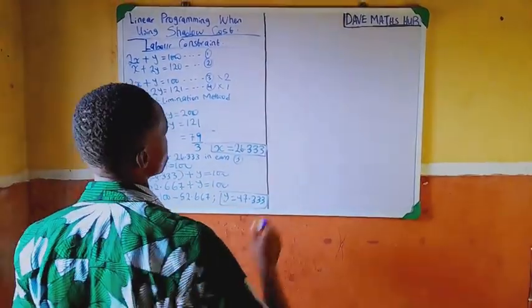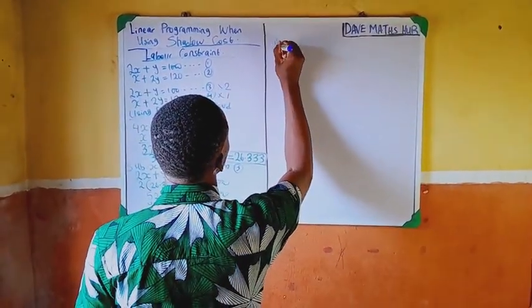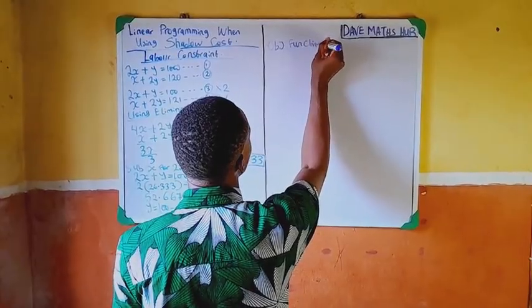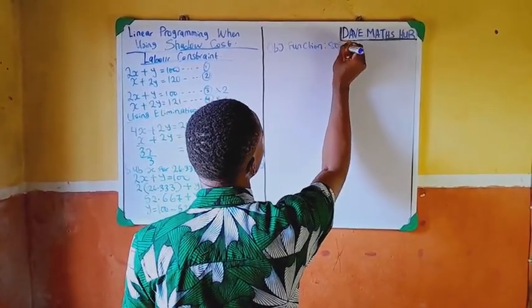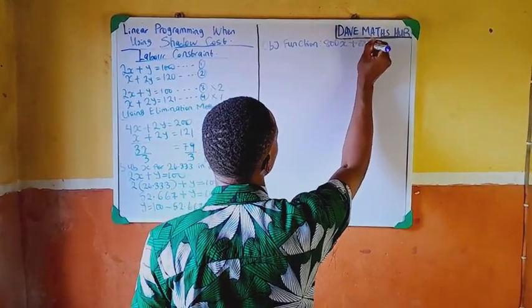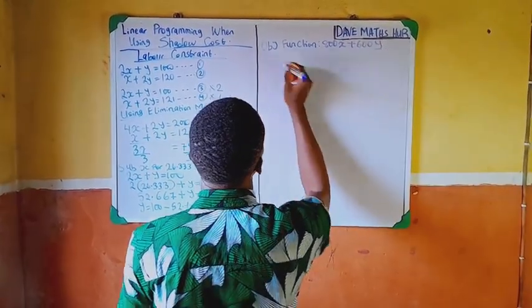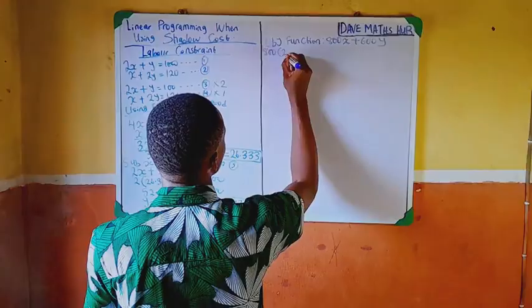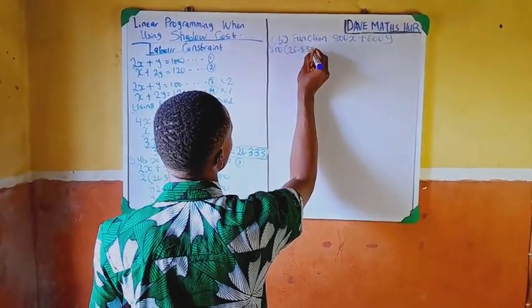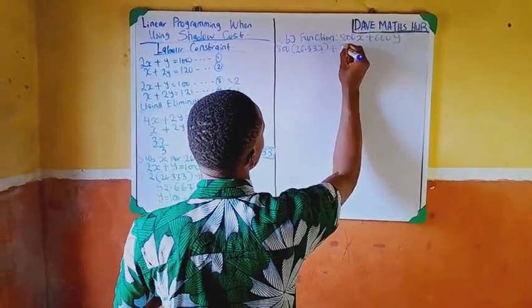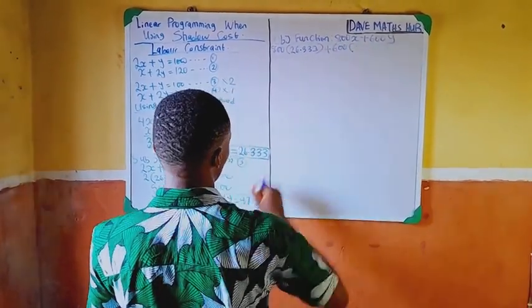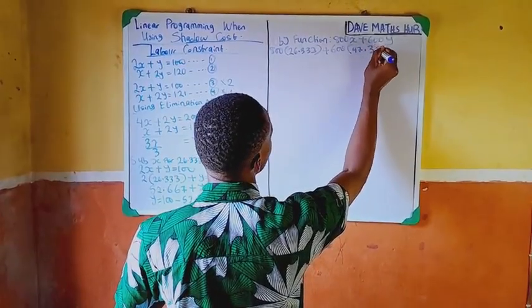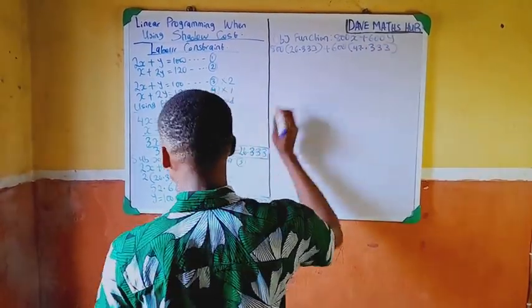Now we put this in the objective function, which says 800x plus 600y. Now we have 800, open bracket, our x is 26.333, plus 600, our y is 47.333.